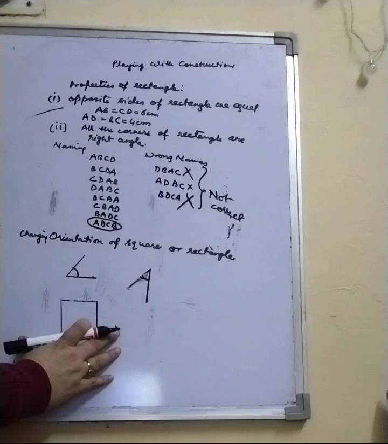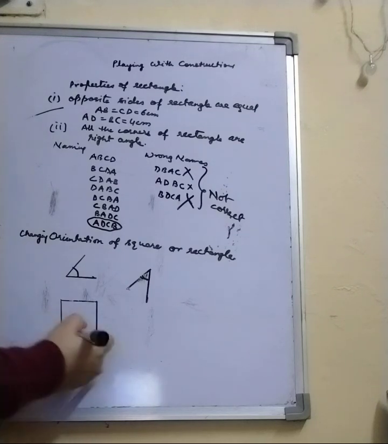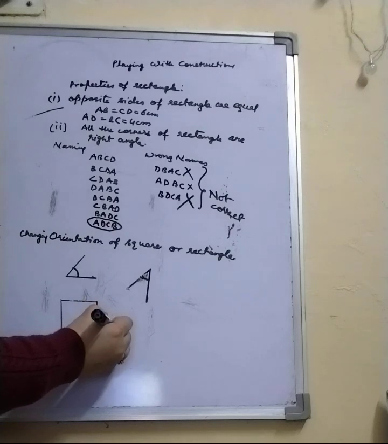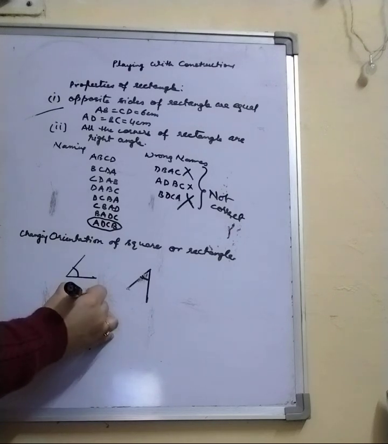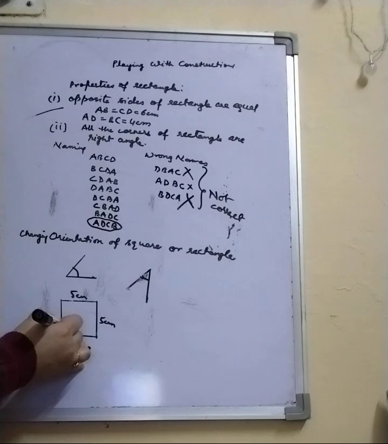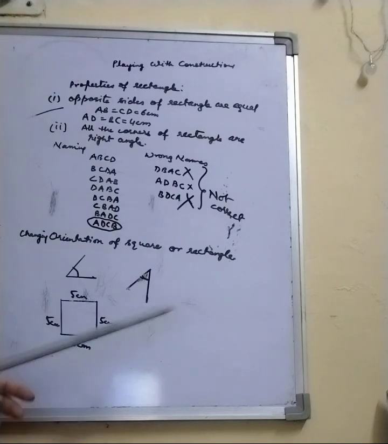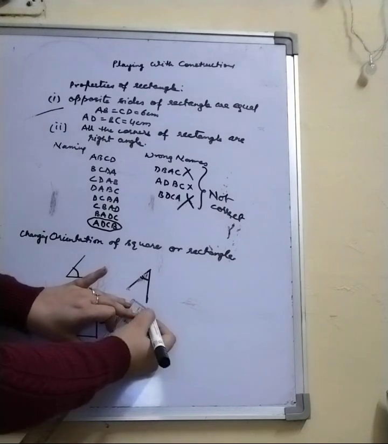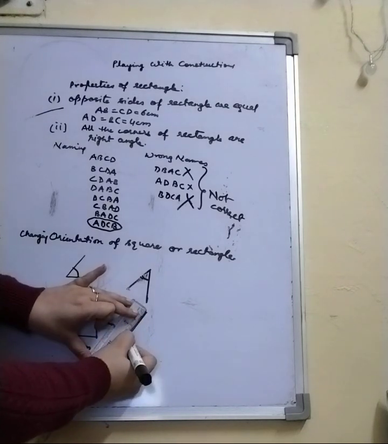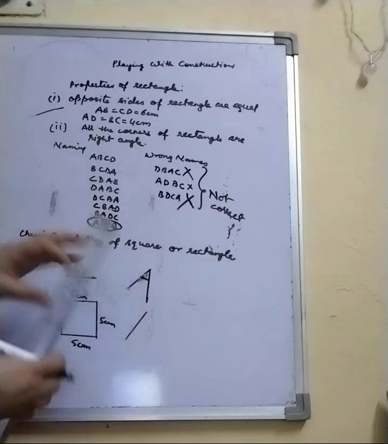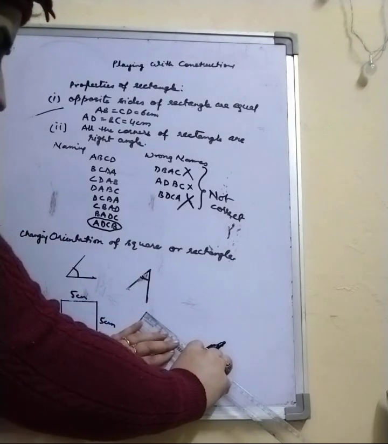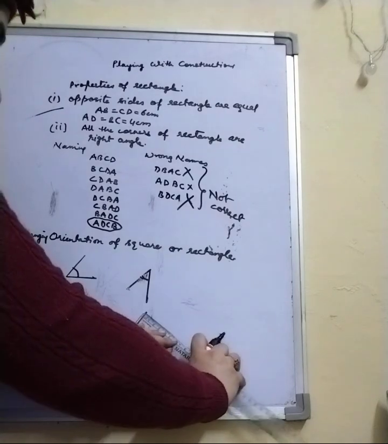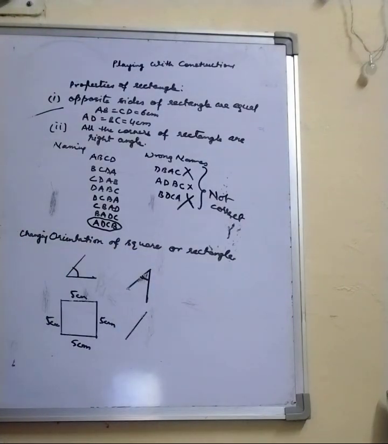So this is the first that you make. If I rotate it, suppose I change the orientation, then how can I make it? Suppose I make it like this, 5 centimeter, then now how would you make the rotated square?